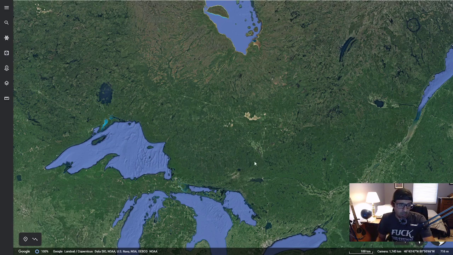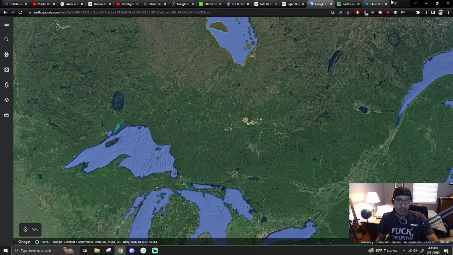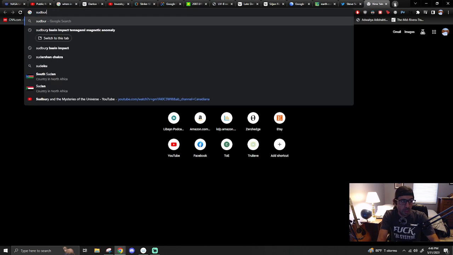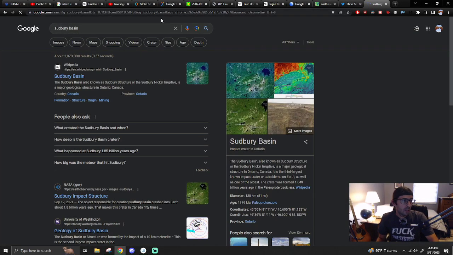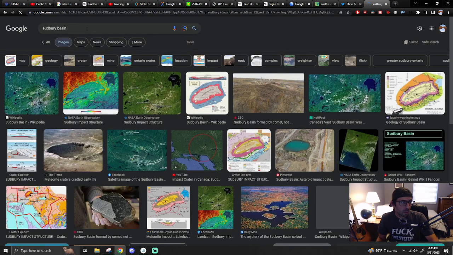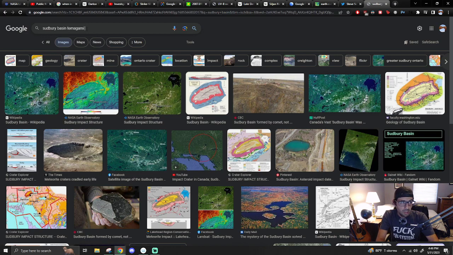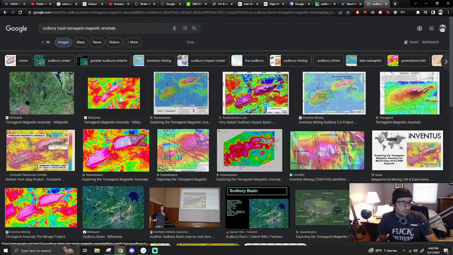I was thinking, I wonder if this is exactly where the Sudbury Basin and Temagami magnetic anomaly are. This is what we need. And its positions.